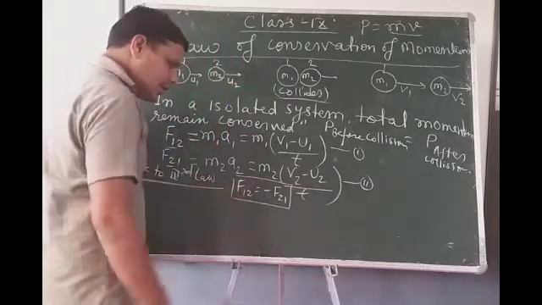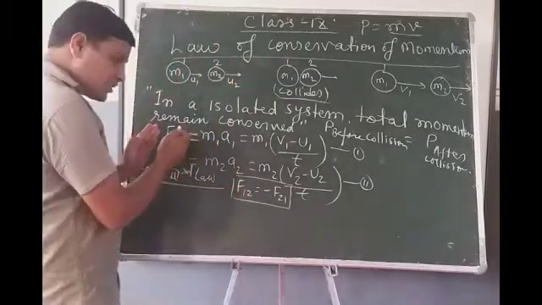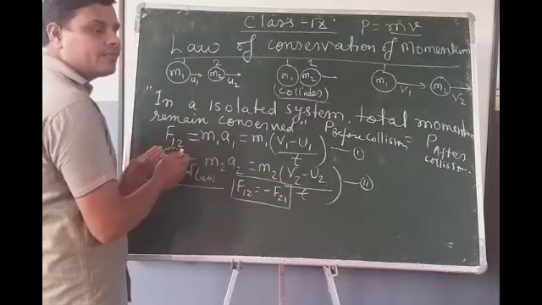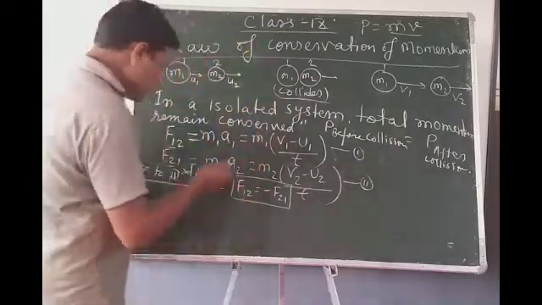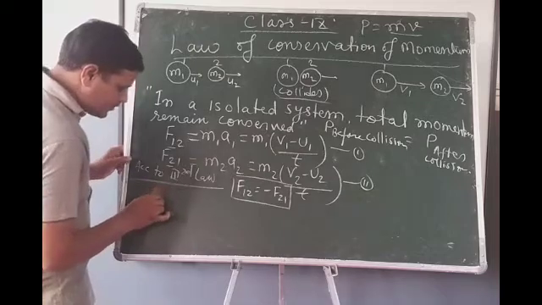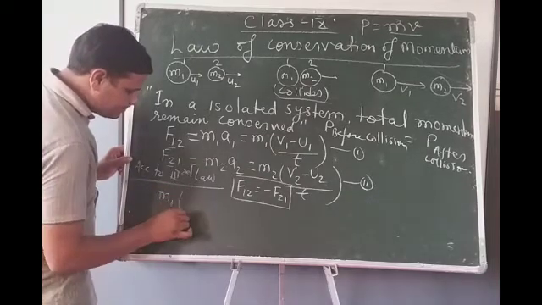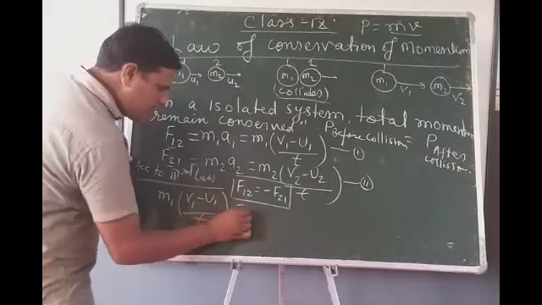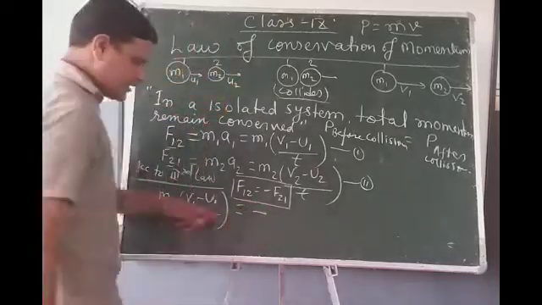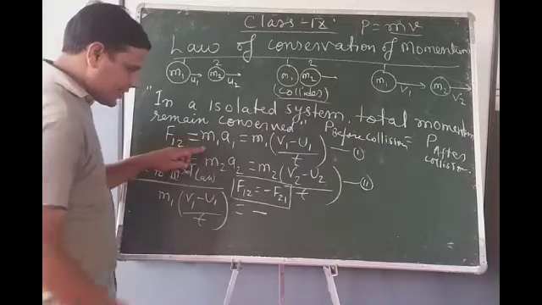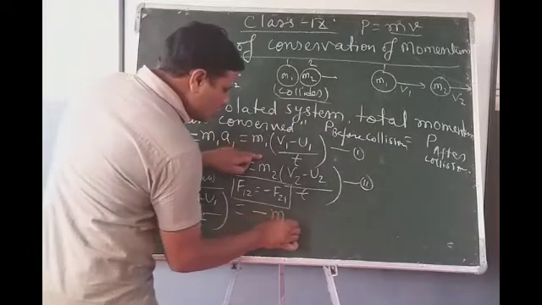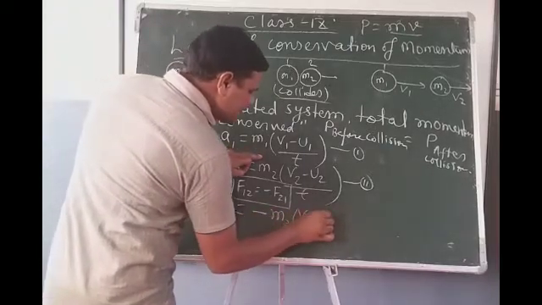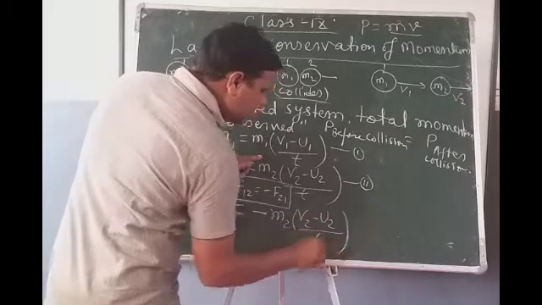So this force must be equal to the other force in the opposite direction. So F12, m1 (v1 minus u1) upon t, will be equal to minus F21, that is m2 (v2 minus u2) upon t.